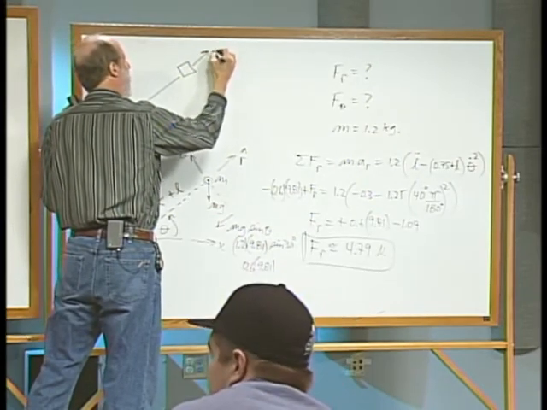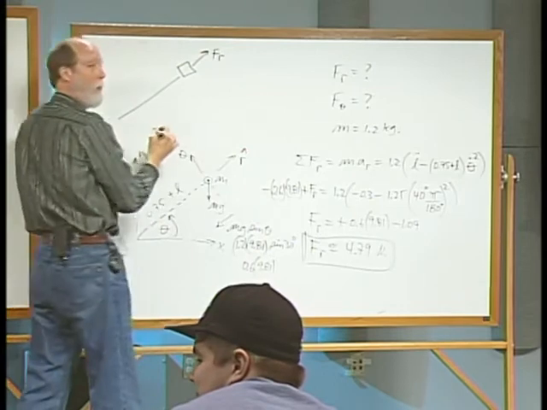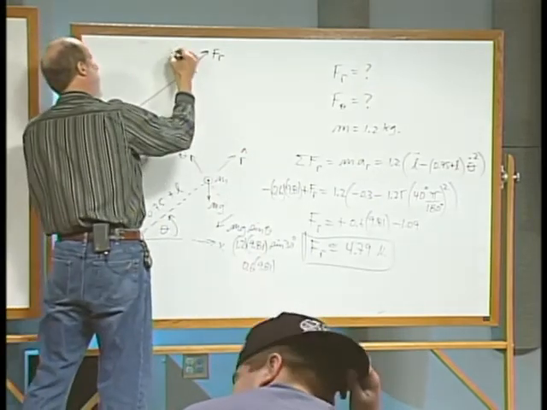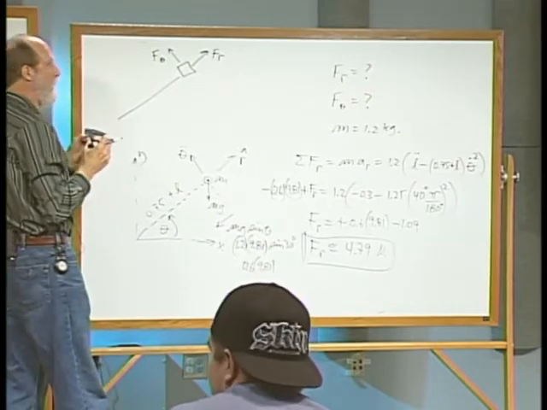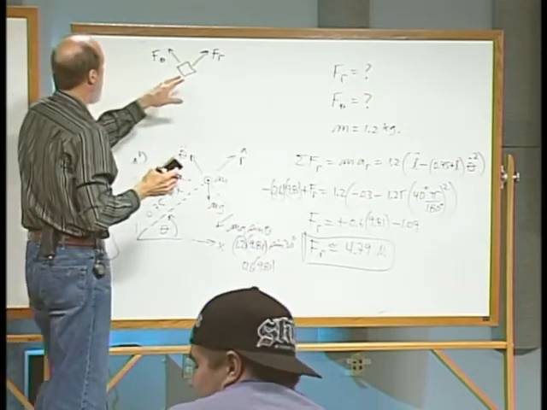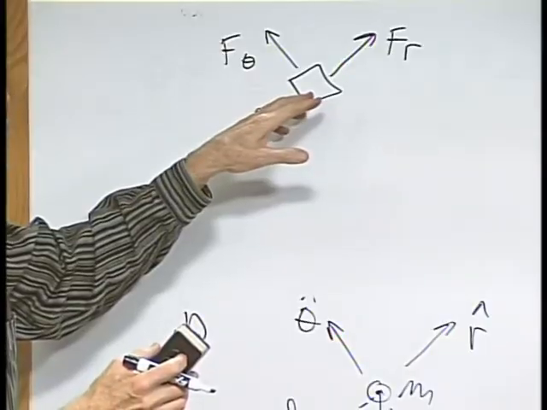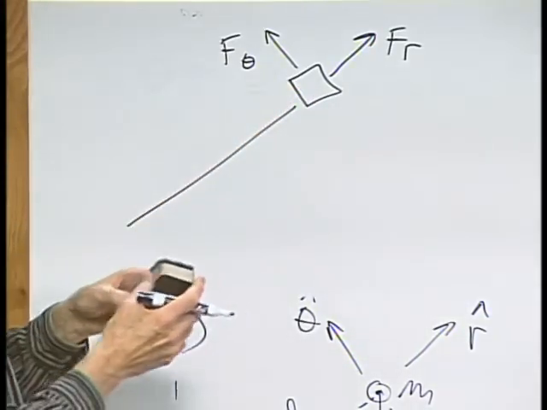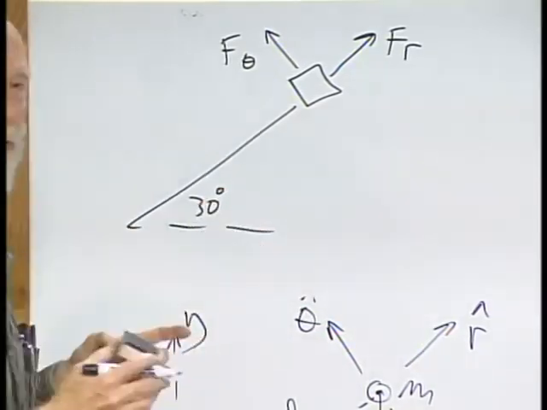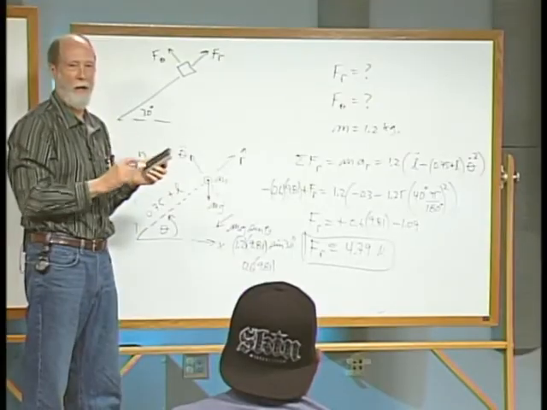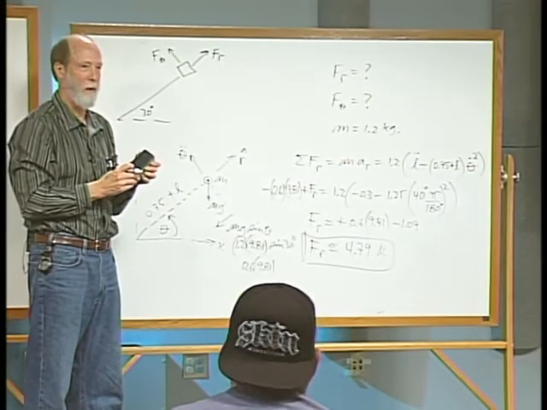Now the positive sense of it would be this, right? And the positive sense of the F theta force would be this way. That's the way the arm's going to have to push to keep that thing from falling. So I'll tell you what, why don't we revisit this at the beginning of class tomorrow.